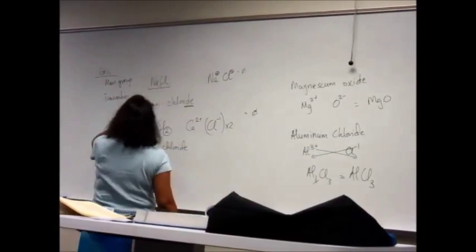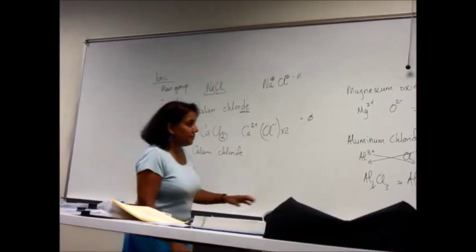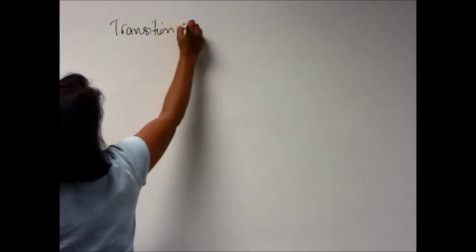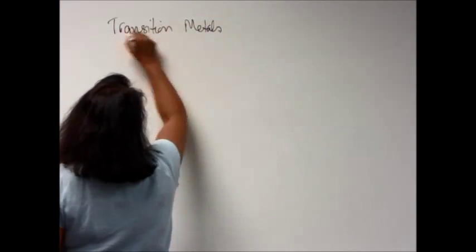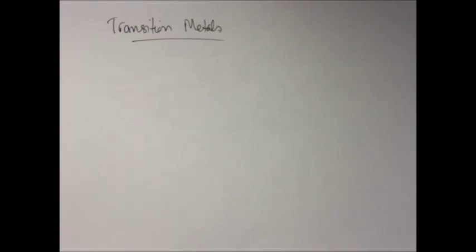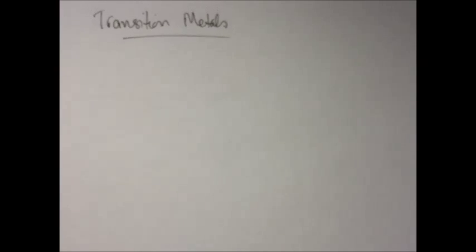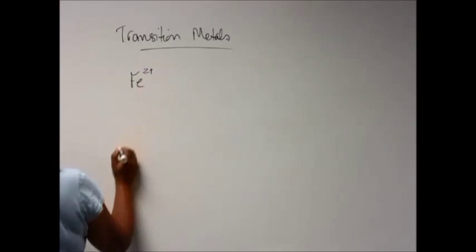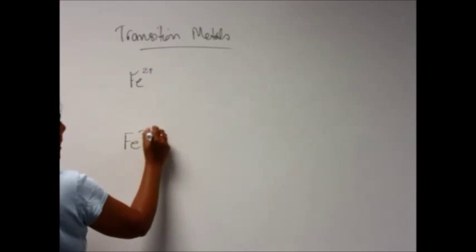Now let's go on to transition metals. Transition metals rules are slightly different because, as I said, the transition metals can give different numbers of electrons. The easiest one to talk about here is iron oxide, and iron can be iron 2+ or it can be iron 3+.